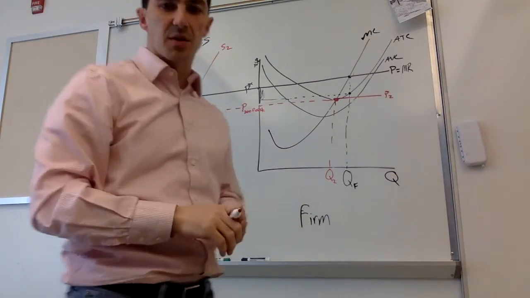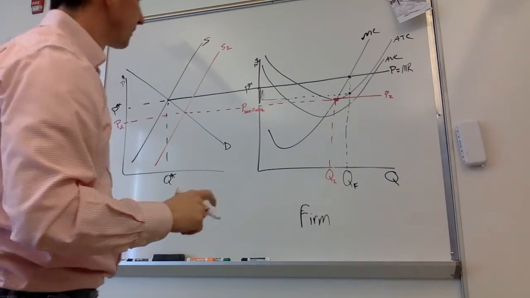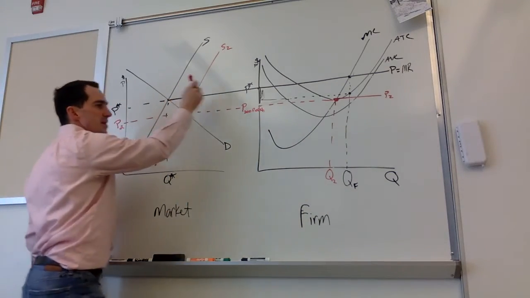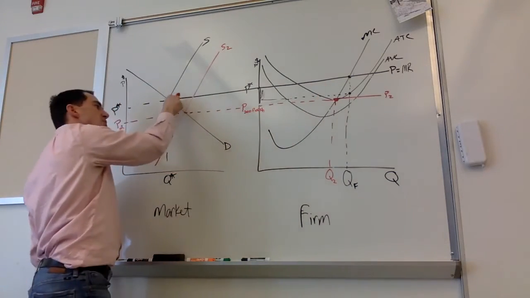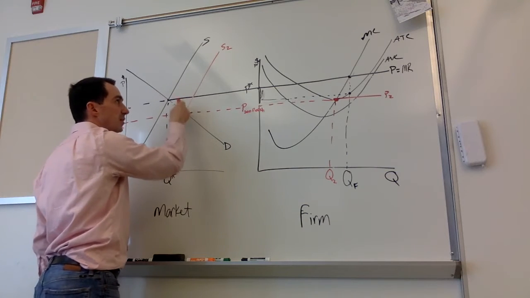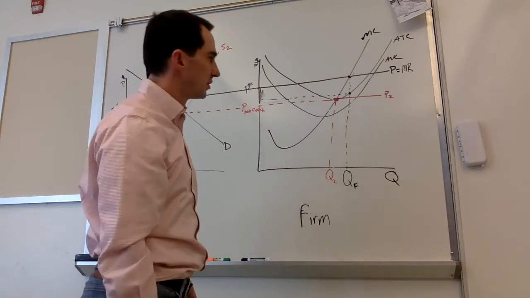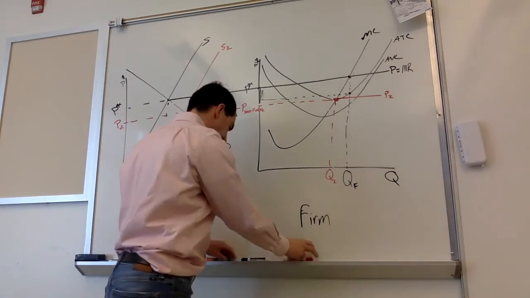The price of zero profit. Firm joined, they still make some profit. Another firm joins. Firms keep joining the market, increasing the supply until the price is low enough that there's no profit to be made, and then no more firms join.